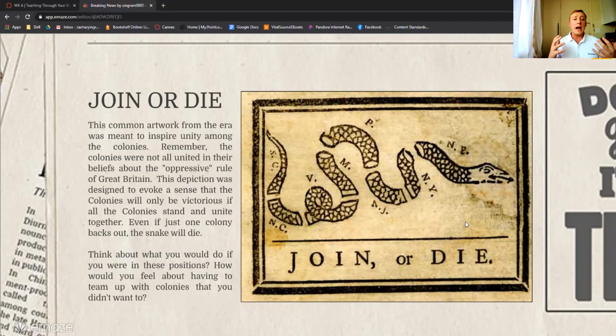So I think it's important that we recognize how symbolism plays a really important part in trying to convince people and sway people to one side or the other. Think about how you would feel if you were a loyalist back in the day and you saw these types of pieces being printed in newspapers or on flyers, and see how that would conflict with your ideas, that you felt we could preserve the relationship with Great Britain without having to fight or revolt against them.